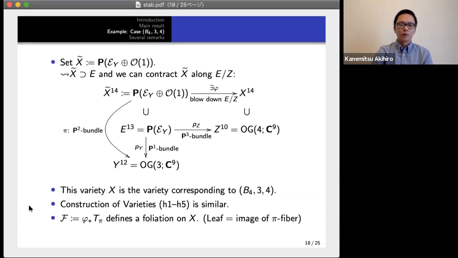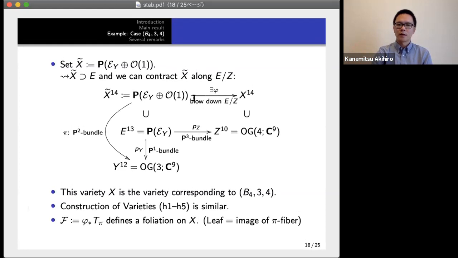So we have this diagram, and our variety X contains Z as a closed subvariety, and the blow up of X along Z admits a projective bundle structure pi. I will denote by F the image of the relative tangent bundle of pi in the tangent bundle of X. Then this F defines a foliation on X whose leaves are the images of pi fibers, this P2.